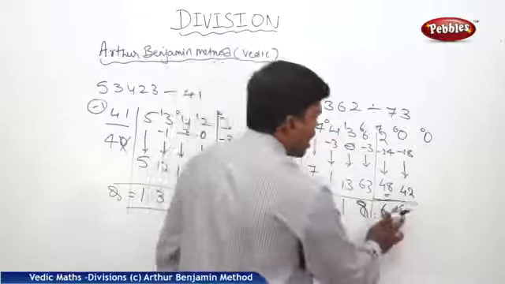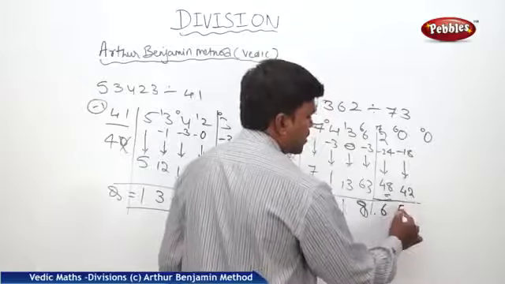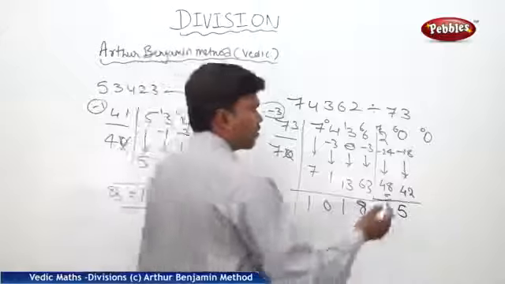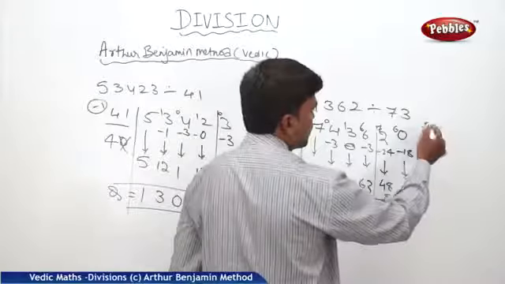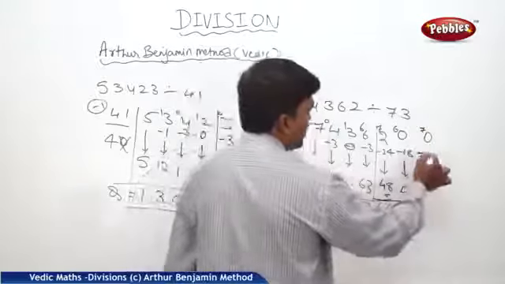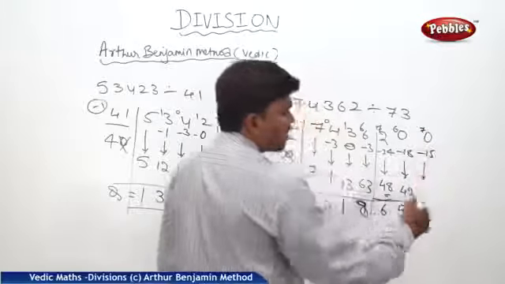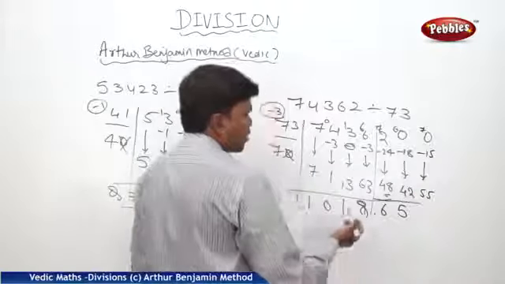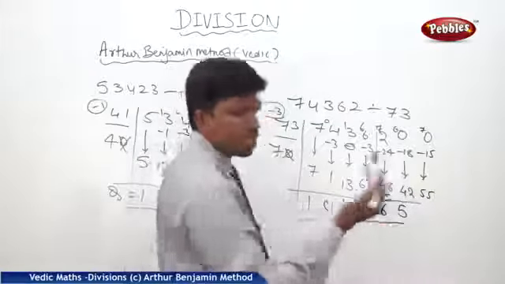So that's why I'm making one less, that is 7 5s are 35. 7 5s are 35 means what is the remainder now? 7. So 5 into minus 3, minus 15. So 70 minus 15 is how much? 55. Anyhow, I got my answer up to 2 decimals.